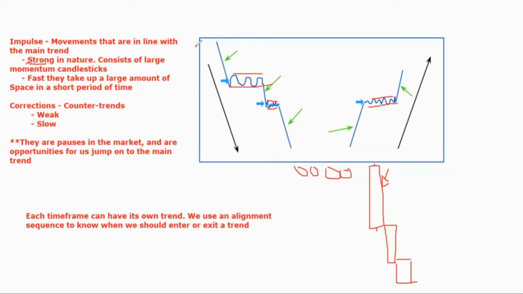And we use corrections to find opportunities to enter into the main trend. So for example, in the previous video, I said that if you are in an uptrend, you should enter at minor support.